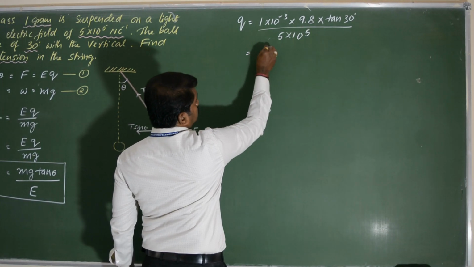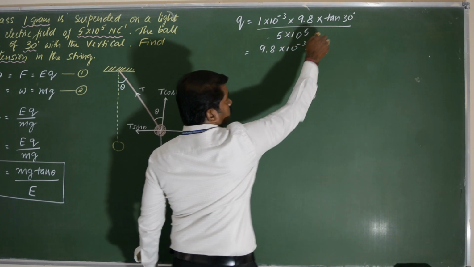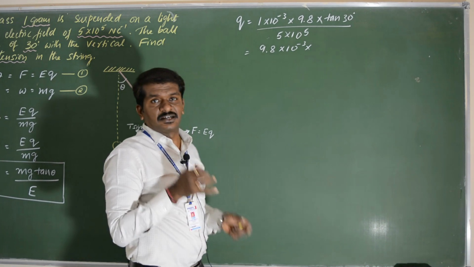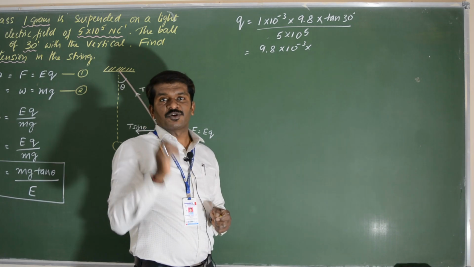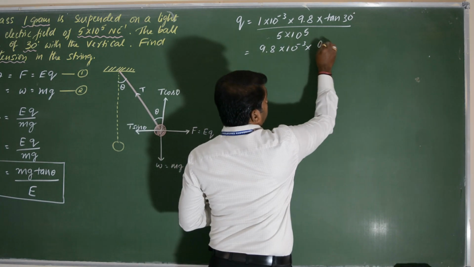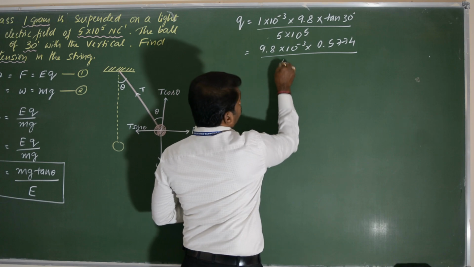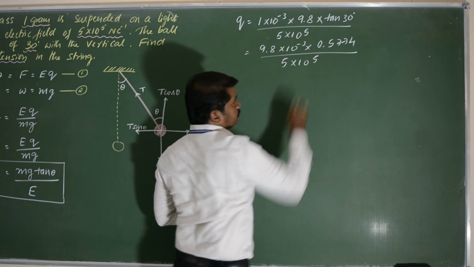Then this is equal to 9.8 into 10 power minus 3 into the value of tan 30. Tan 30 is 1 by root 3. If I calculate 1 by root 3, that becomes 0.5774, divided by 5 into 10 power 5.